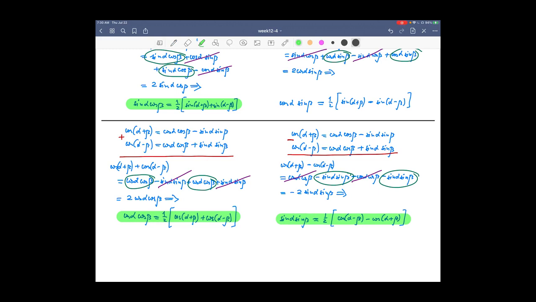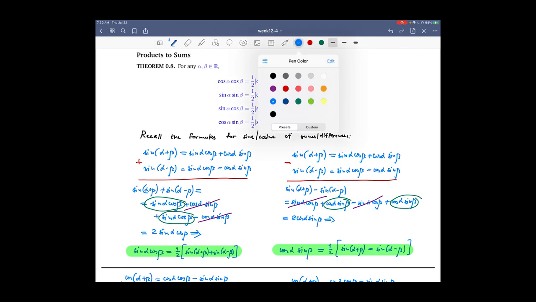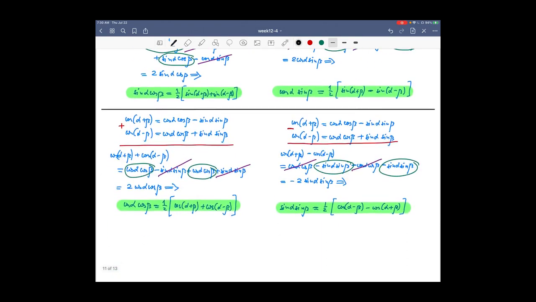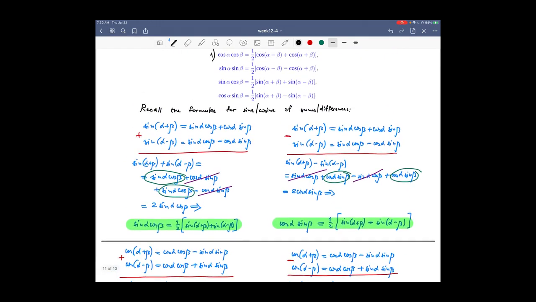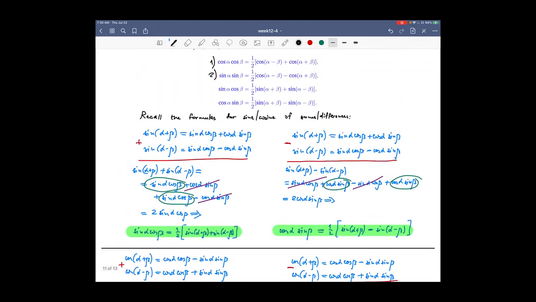And we can see, if we have all these four formulas above, product of cosines, for instance, equals half the sum. That's formula 1. Product of sines is half cosine of a difference minus cosine of a sum.